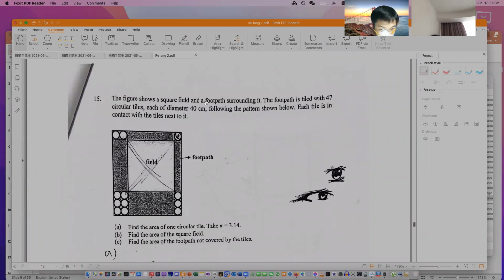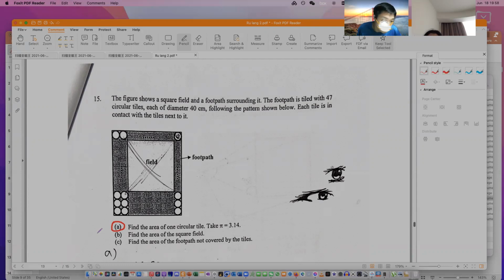So question 15. Can you see the question? No, question 15 here. This is drawn by Yuxing, I think. Anyway, 15. I think part A, you have no problem solving this. But B and C are the ones I want to discuss with you further.